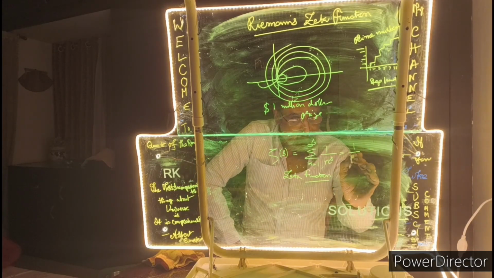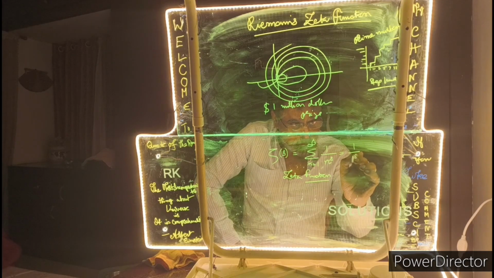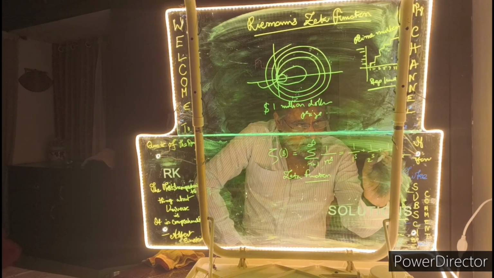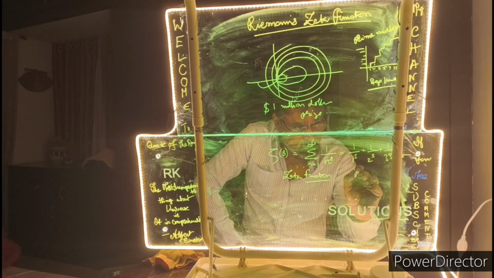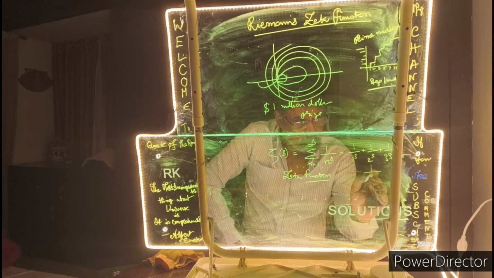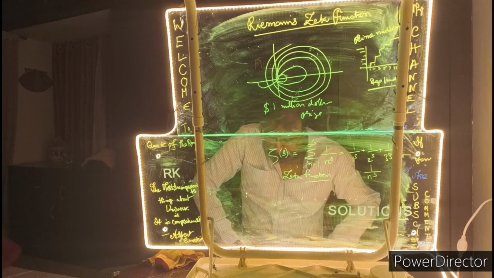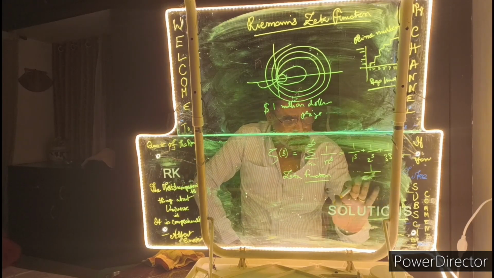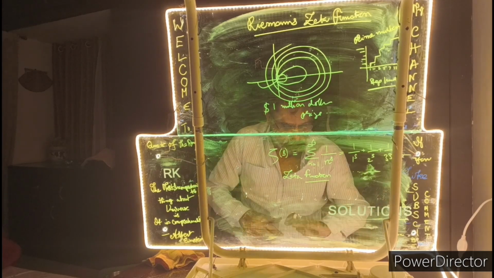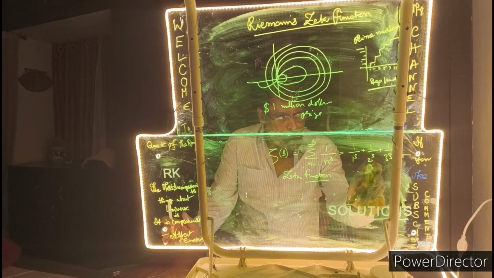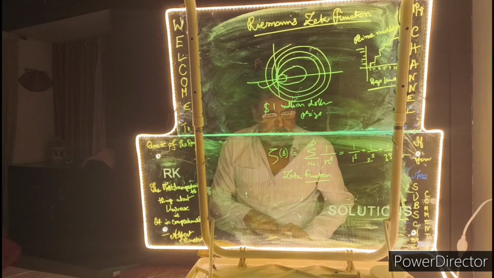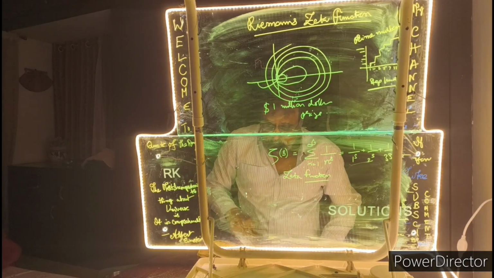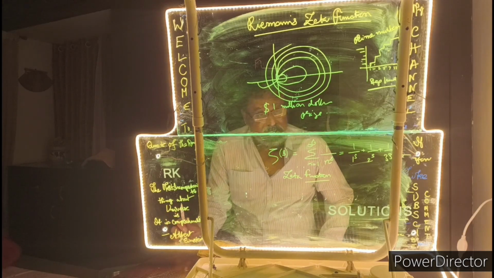So this is 1 by 1 raised to s plus 1 by 2 raised to s plus 1 by 3 raised to s, and on to 1 by n raised to s. It goes on. It's an infinite series. The solution for this function, nobody could find.